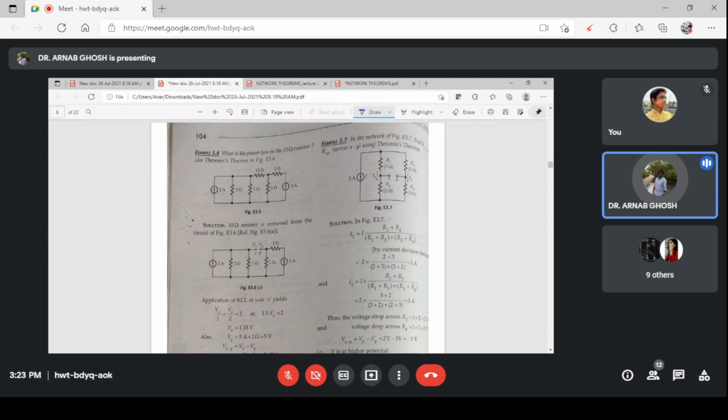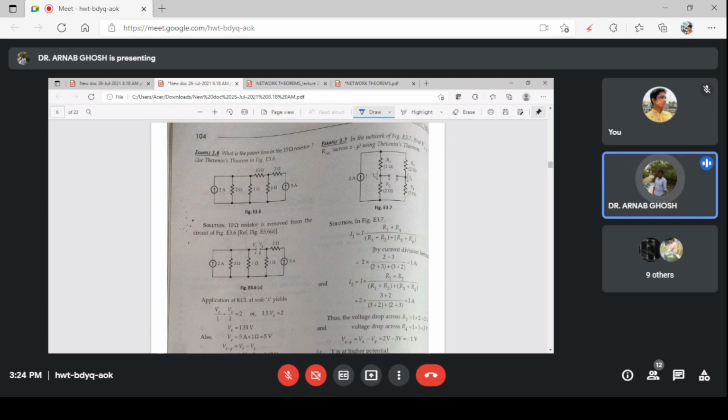Okay, anybody else? Have you been able to do this? So how can you find the potential at point Y? See, 5 ampere is the current flowing through the entire mesh, if you take that loop.